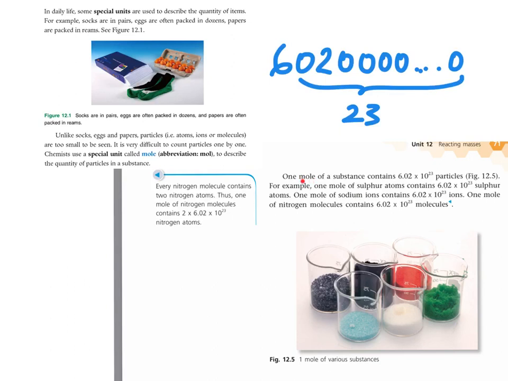So if we say we have 1 mole, it contains 6.02 times 10 to the 23 particles. For 1 mole of sulfur atoms, we have 6.02 times 10 to the 23 sulfur atoms. If we have 1 mole of sodium ions, that means we have 6.02 times 10 to the 23 ions. So on and so forth.